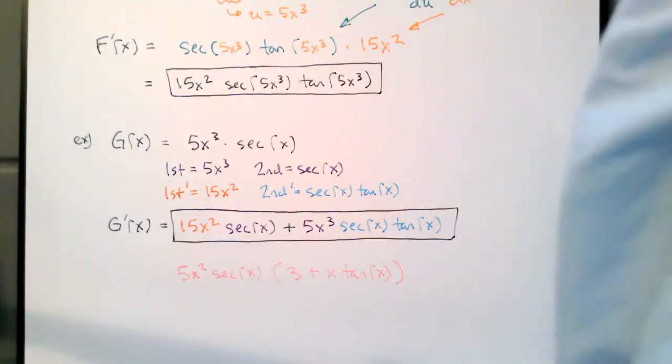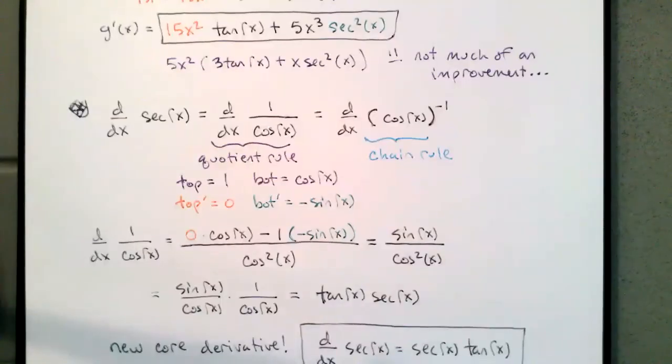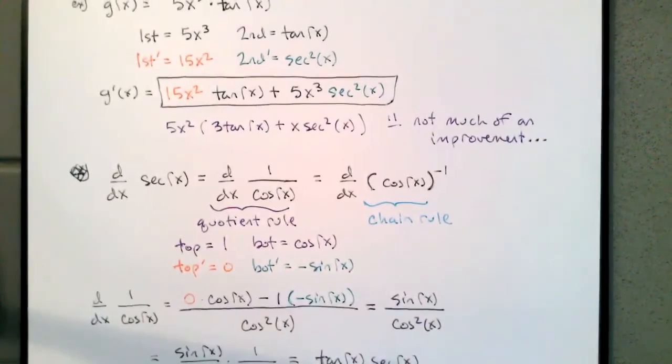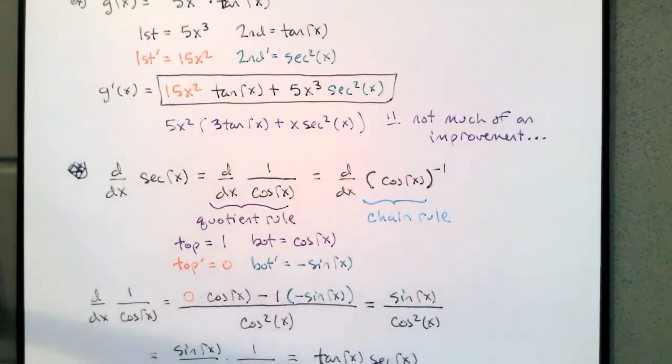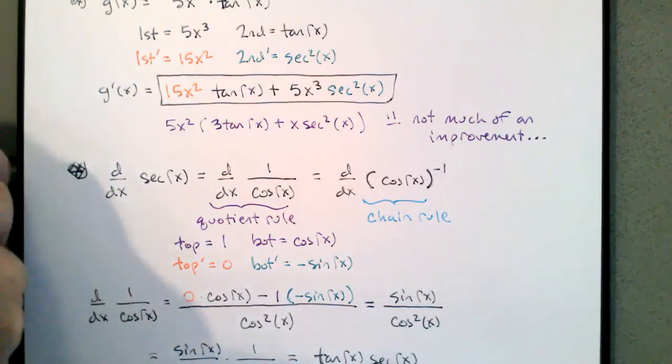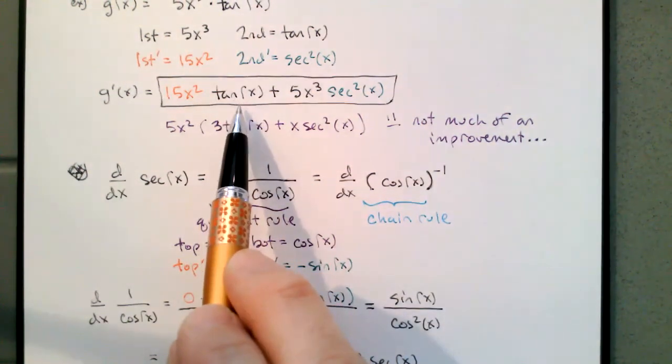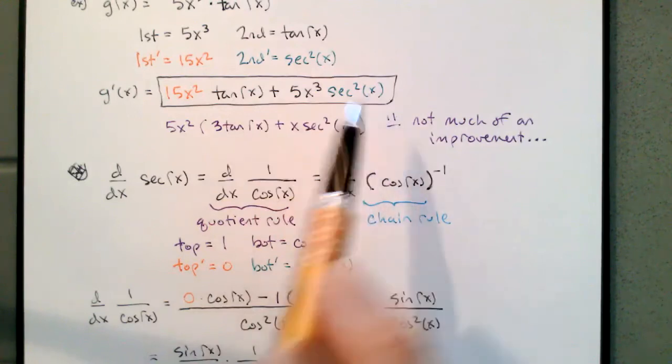In the one that we did on the previous page, I had 5x cubed times tangent, and the derivative was 15x squared times tangent plus 5x cubed times secant squared. So there was still that 15x squared and the 5x cubed. And then I had times the second and the derivative of the second.